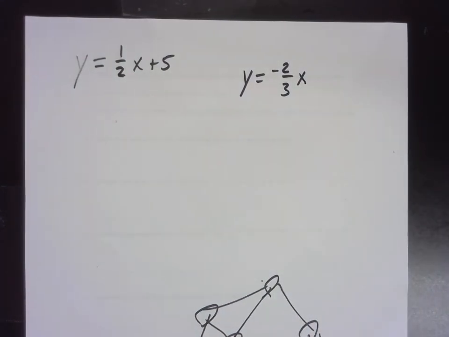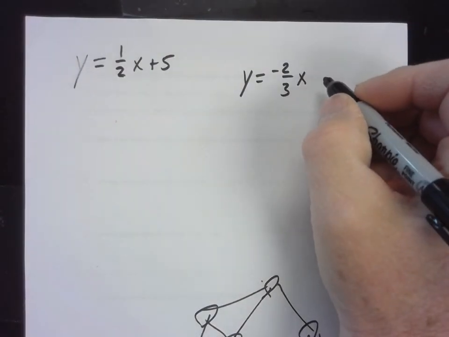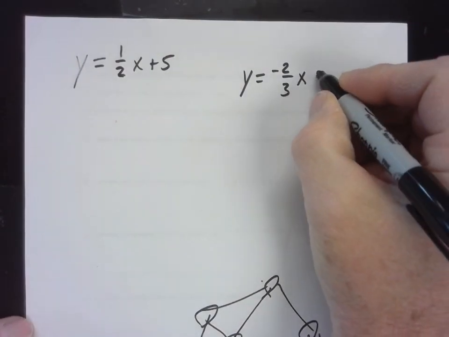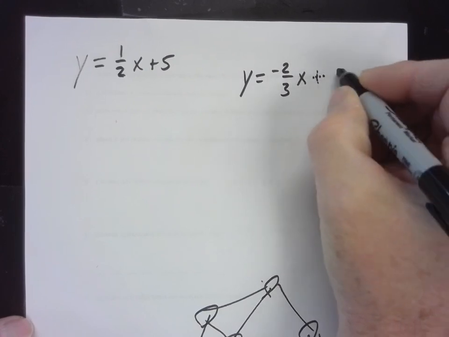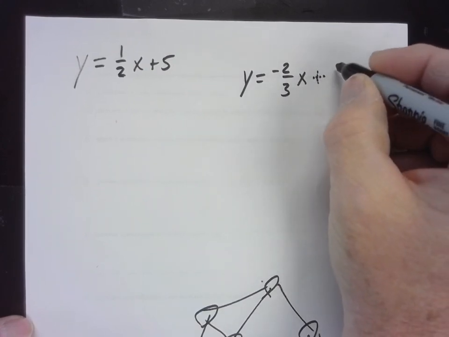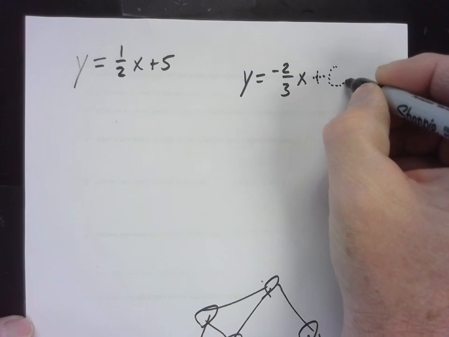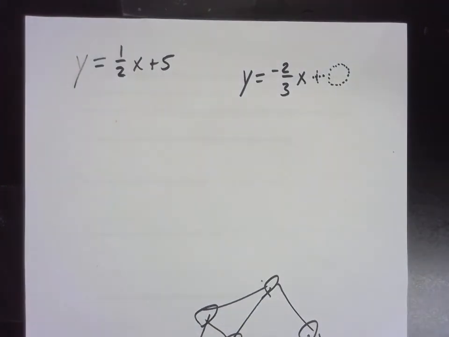Where what's the initial amount or the y-intercept? 0. Right. Now we're too lazy to write it. Okay, but it's there. What is it? It's Halloween, right? It's the ghost 0. It's there.